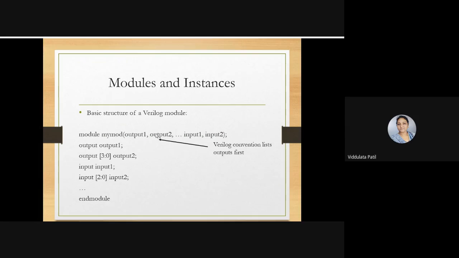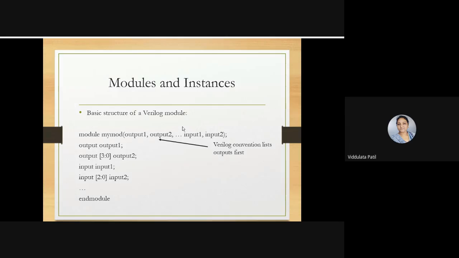Whatever input and output ports are present in that system are written. While writing these ports, we can write input ports and output ports, but the Verilog convention says that you should write output ports first, and then input ports.